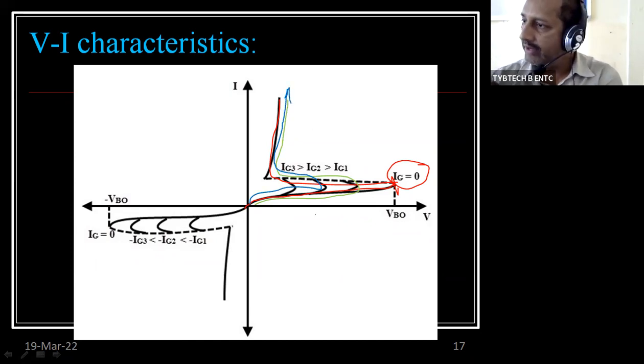Got it? Whenever you are increasing the IG, IG means gate current, is the VBO, that is the breakover voltage, increasing or decreasing? If IG is increased, VBO for triac will decrease or increase? From that graph only you can understand.